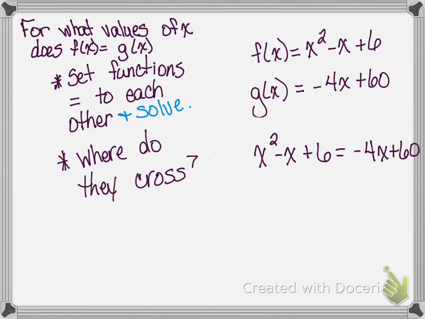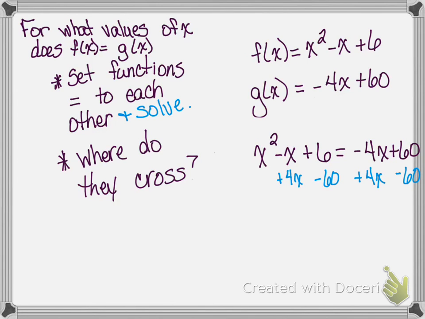Now, because this is a quadratic, and that means it's raised to the second power, it means it's not linear. In order to solve it, what do I have to get it equal to before I can factor? 0. Excellent. So I've got to move my negative 4x to the other side. So do I do that by adding 4x to both sides? What do I subtract from both sides? Excellent.